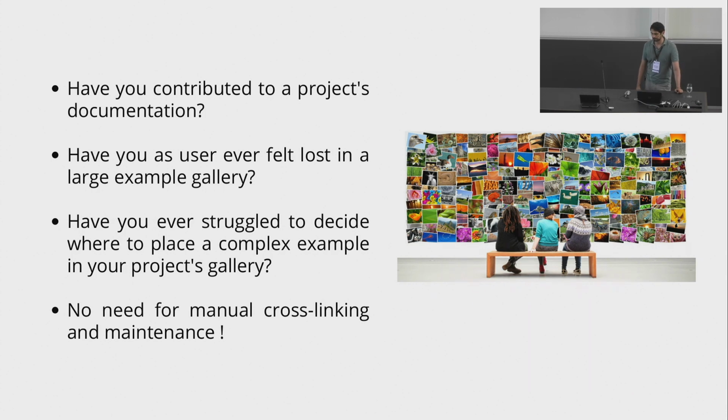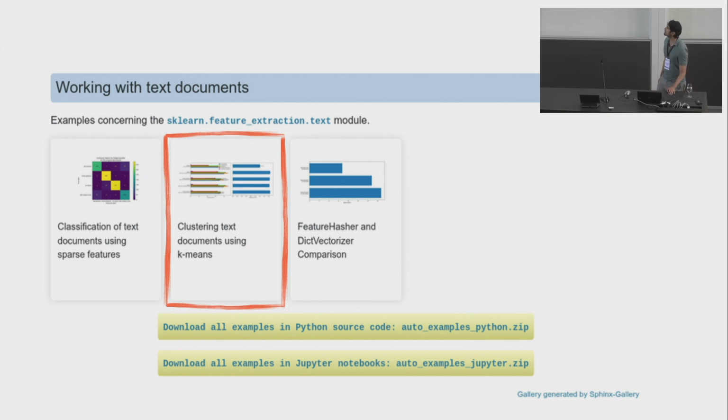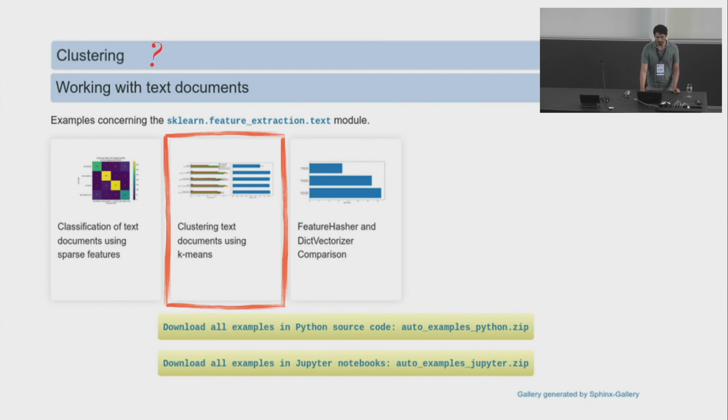And the tool for doing so is a recommendation system. And the use case, for instance, is this example in the scikit-learn gallery. I want you to focus on this clustering text documents using k-means example. It's currently in the module for text documents, but you could as well place it in a clustering module.